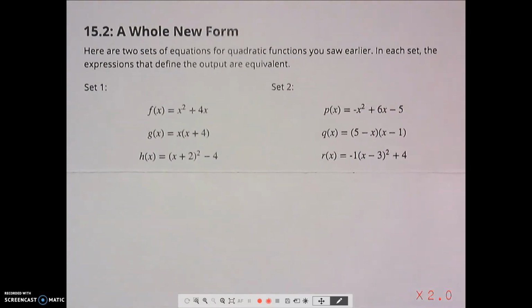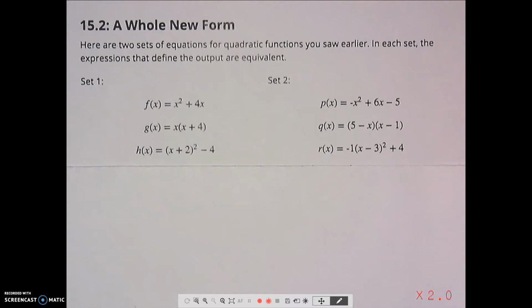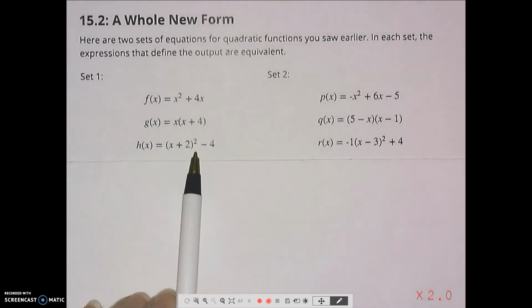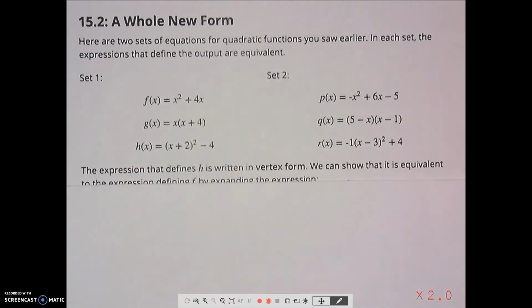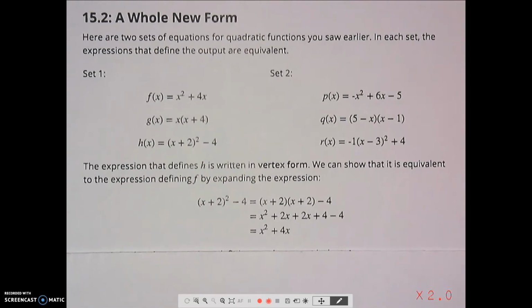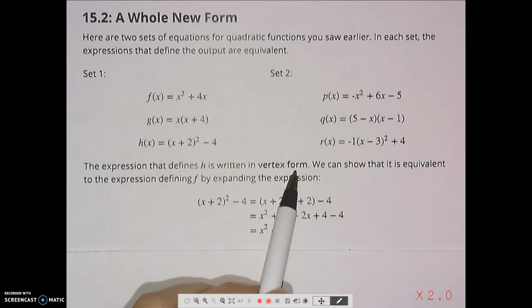All right, so we have our two different sets of equations, and the expressions that define the output are equivalent. So these three are equivalent and these three are equivalent. The expression that defines h here is written in what we call vertex form.